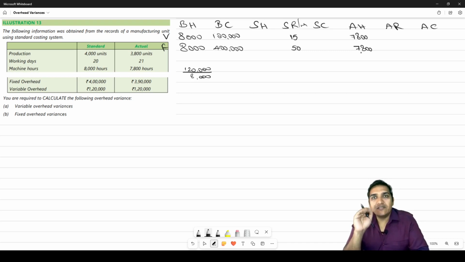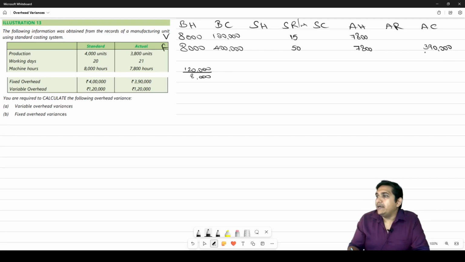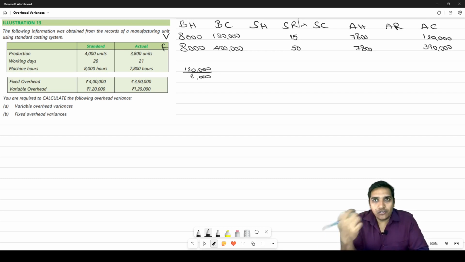Next, the question gives us the actual cost, the actual overheads incurred. So for fixed it says 3,90,000 and for variable it says 1,20,000. Now since we have our actual cost and our actual hours, we can calculate our actual rate. So 1,20,000 divided by 7,800, we get 15.3846.